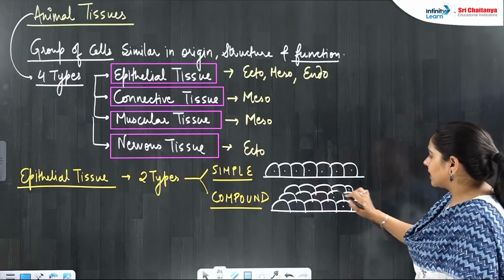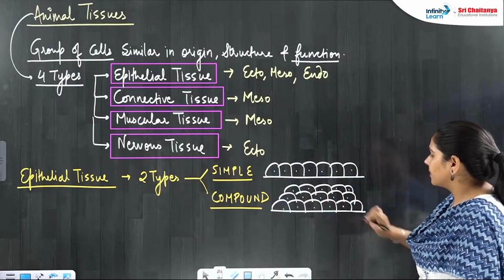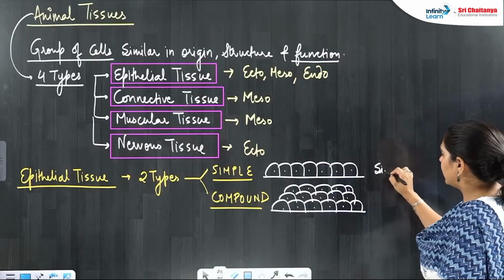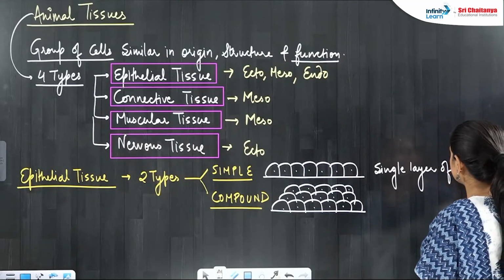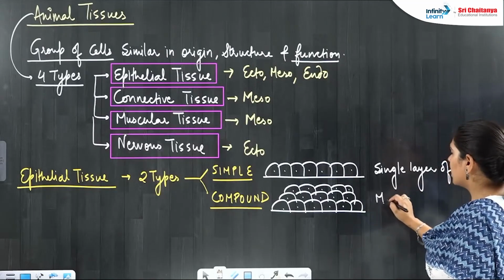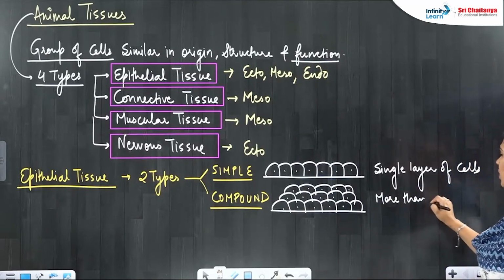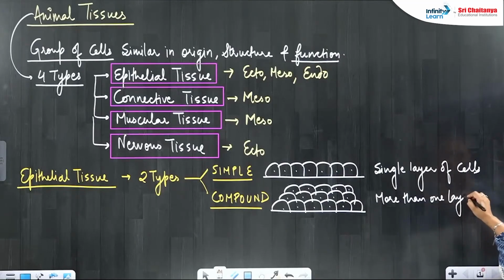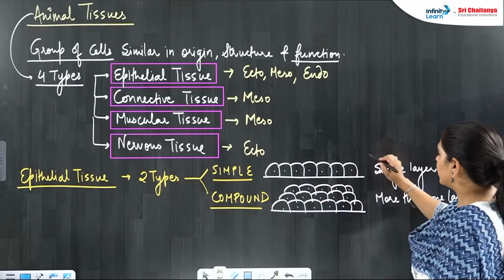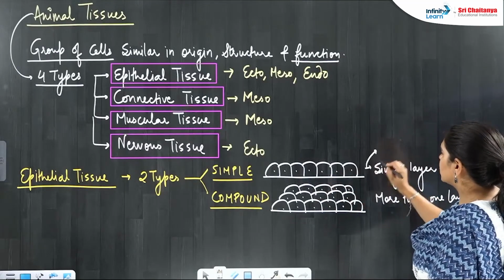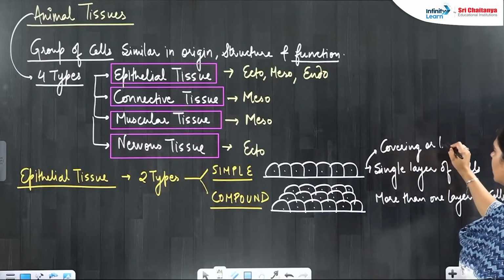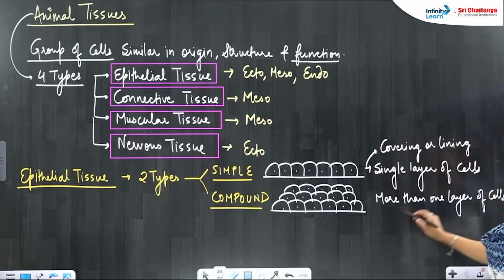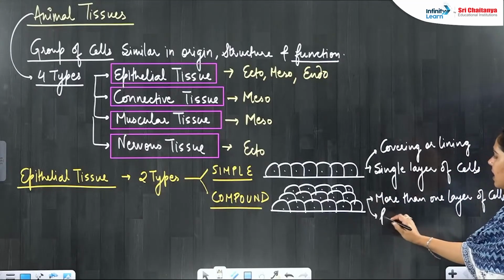That is why their function is different, beta. Simple has a single layer of cells, and compound has more than one layer of cells. So the function of simple is covering or lining, whereas the function of compound is protection.